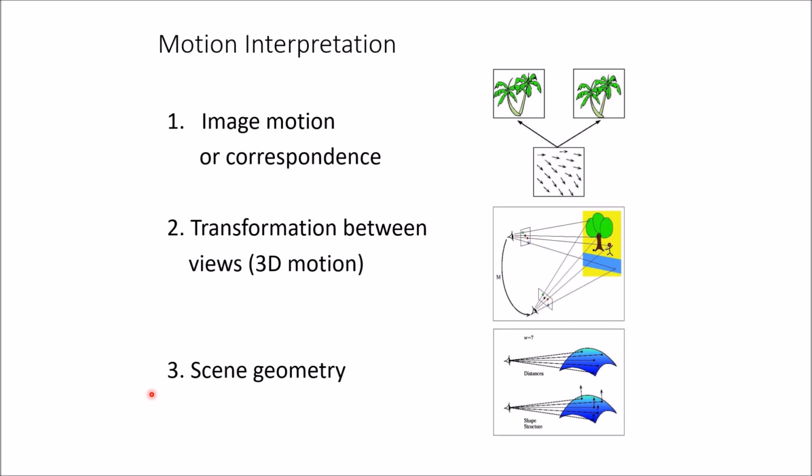And pulling out this differently moving object is called the motion segmentation problem. Finally, knowing the 3D motion and knowing the image motion, we can get the depth of the scene in view, its geometry and the shape of the objects.